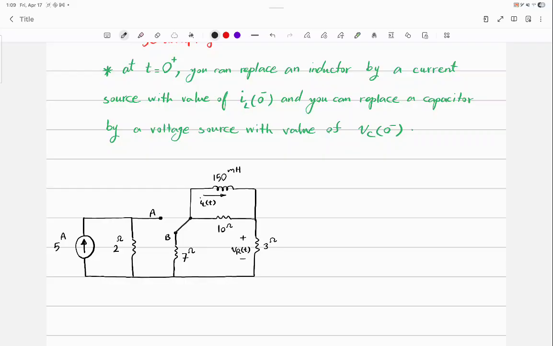The left side is completely disconnected from the inductor, which I'm interested in. What else?